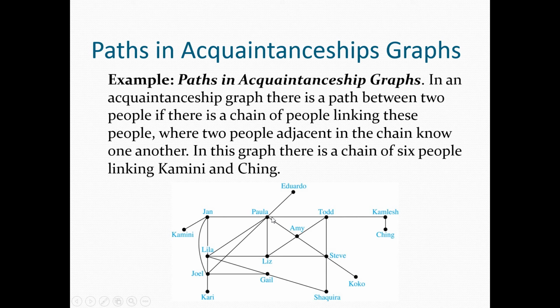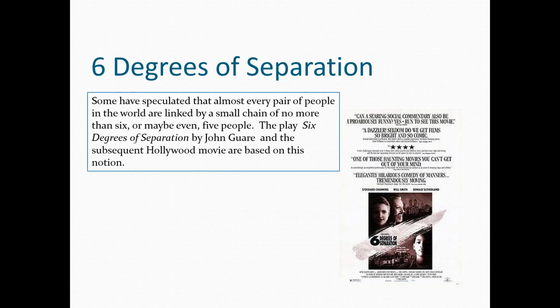Oh, and where is Ching? Yes, Paula to Todd, Todd to Kamnesh and Ching. How many? Yes, this is about 6 people. Similarly, we can connect them from any path. Okay? So this is the chain of 6 people linking Kamini and Ching, and this is very important. 6 people linkage. Let's see, 6 degree of separation.